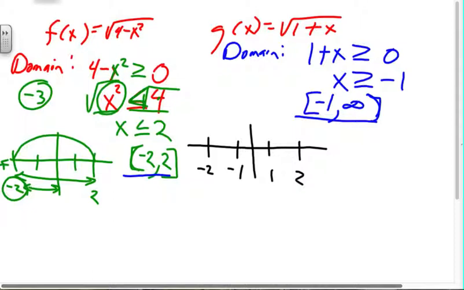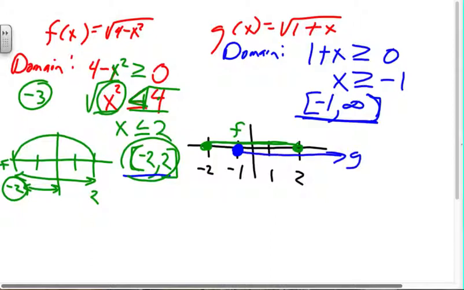Let's draw my domain for F. It's going to be numbers between negative 2 and 2, and it's going to be all of these. And this is F. So now let's come back over and deal with G. It's going to be negative 1, and we'll include it. And then it will be everything over here.